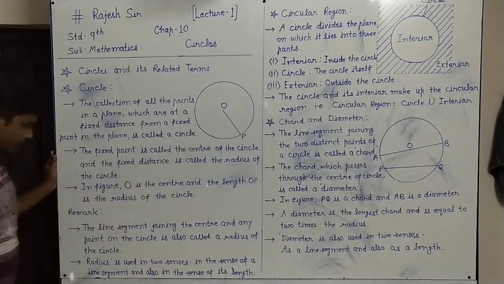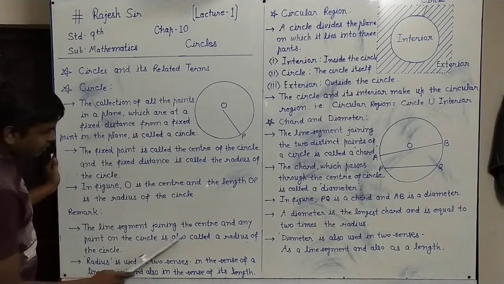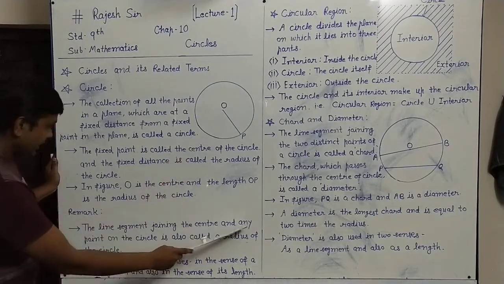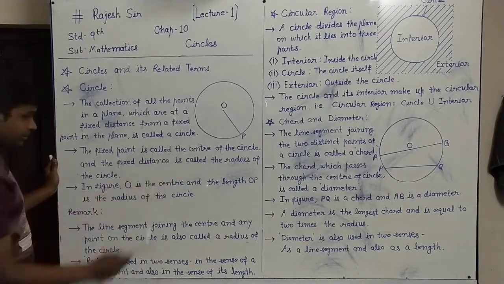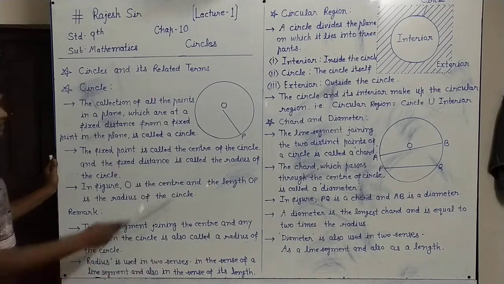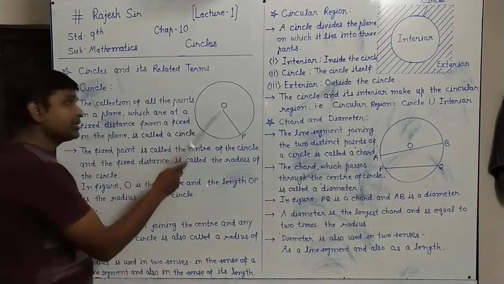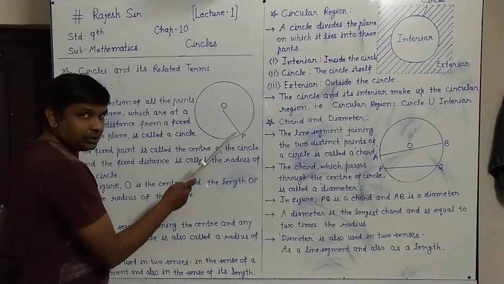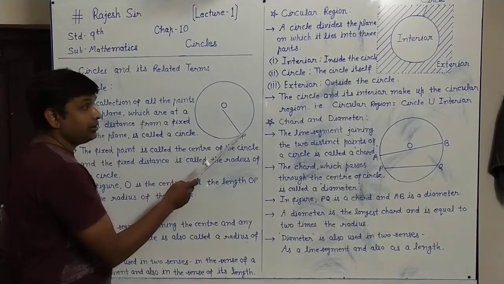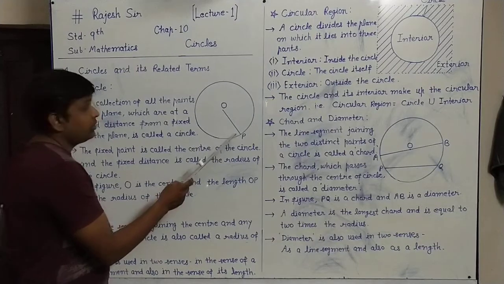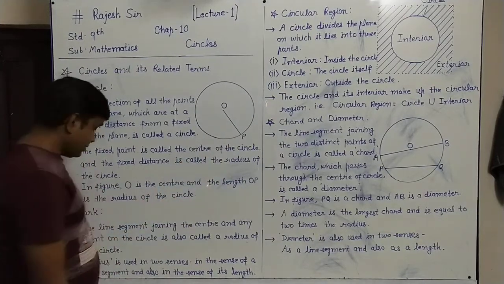One of them, OP, is shown. The line segment joining the center and any point on the circle is called a radius of the circle. Actually this line segment is a radius also, and the fixed distance, that is the length, is also called the radius.